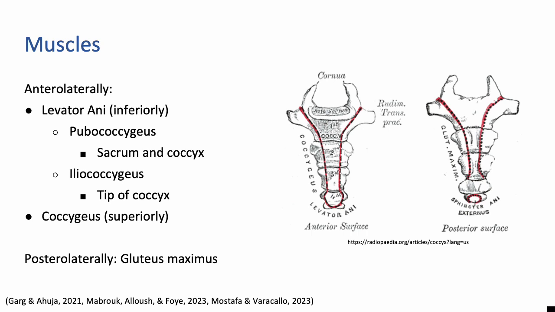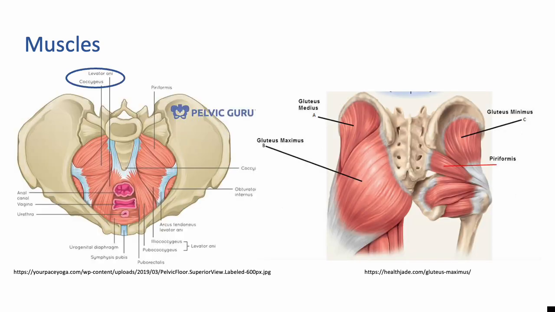Now, more superior on the anterior lateral side, we have the coccygeus muscle that is also attaching. And then on the posterior side, we have the gluteus maximus muscle attaching. So keep that in mind in terms of people who are going to get the coccygectomy, or the removal of their coccyx. How is that going to affect those muscles, or at least the recovery of those muscles?